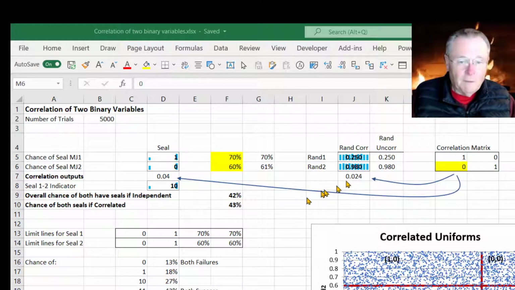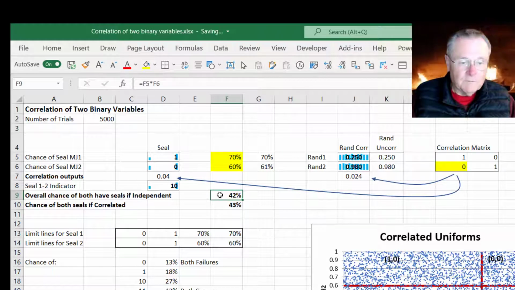And then when we come down here, what is the overall chance of both having seals or being successful if independent? Well, that number is simply the multiplication of 70% times 60%, or 42%. In this case, once again, we said they're uncorrelated, so we'd expect this number that we calculated based on these results to be also 42%, but it's 43, pretty darn close.